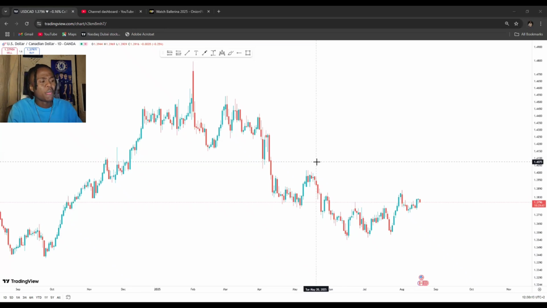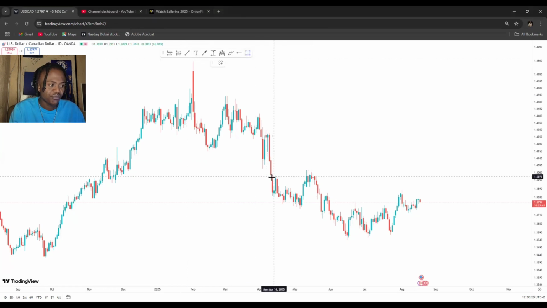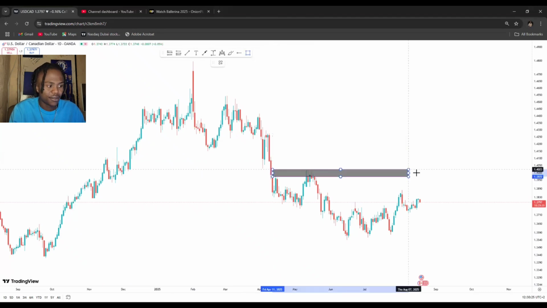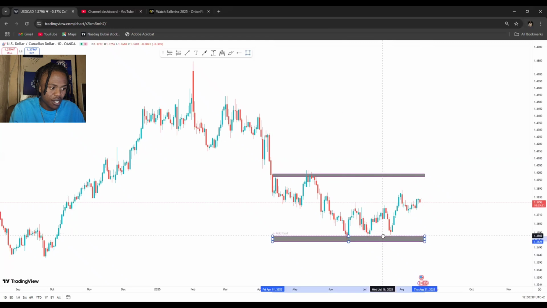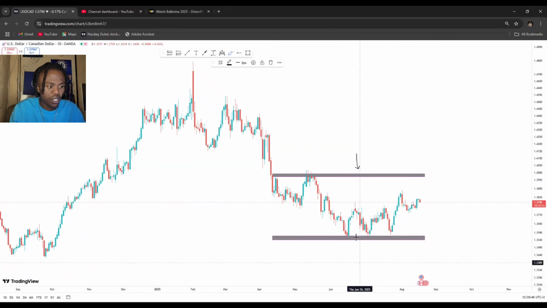Right, so as you guys can clearly see, by simply looking at the charts, price has highs and price has lows. With price having highs and lows, you can clearly understand that price is holding a type of resistance and a type of support.